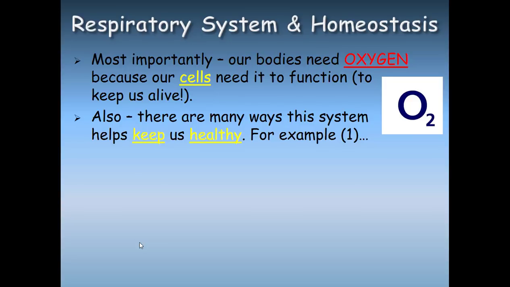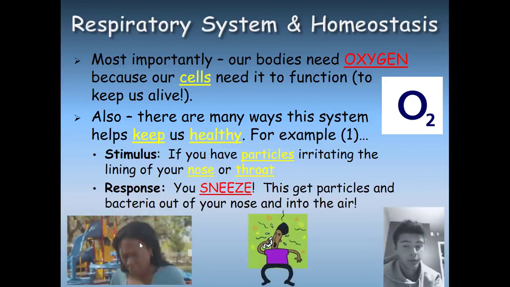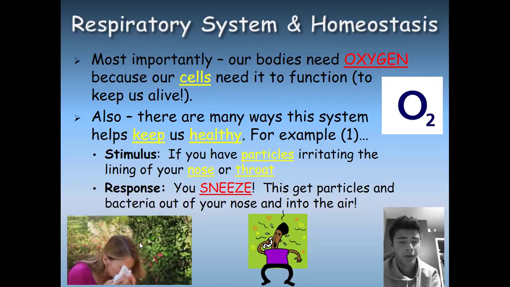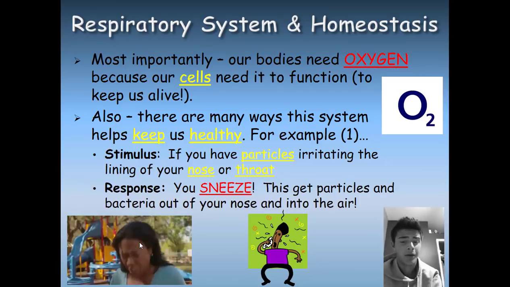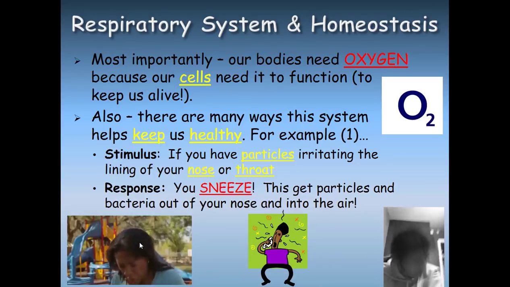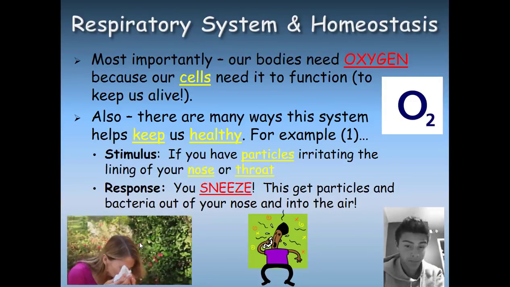For example, if you have particles irritating the lining of your nose or throat, your response is going to be to sneeze. You're going to get these particles and bacteria out of your nose and into the air, which may seem gross, but in terms of survival of you, the individual, that is the best way to guarantee that you're going to stay healthy.